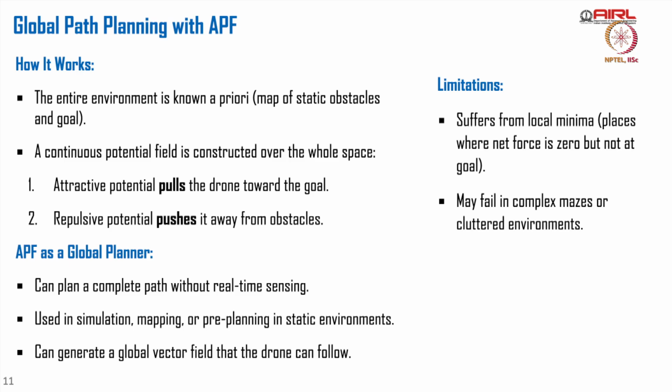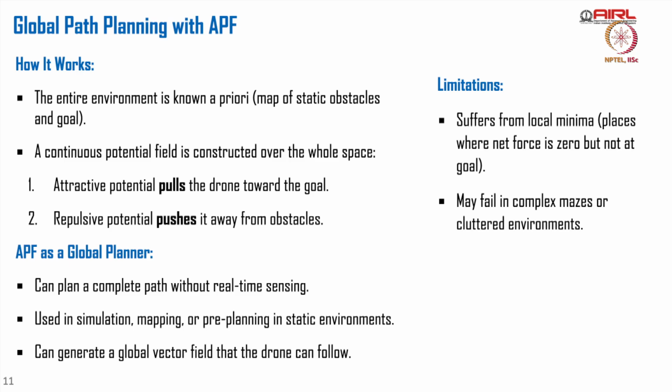One can use a continuous potential field. He can construct it over the whole space. Once he constructs it over the whole space, the attractive potential pulls the drone towards the goal. The repulsive potential pushes away from obstacles, right? Then I can use APF as a global path planner. I can plan the complete path without real-time sensing.